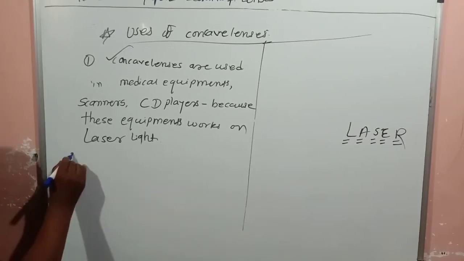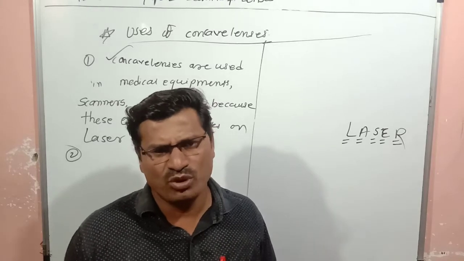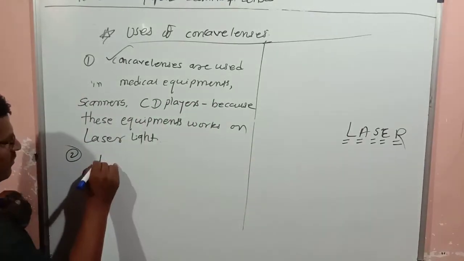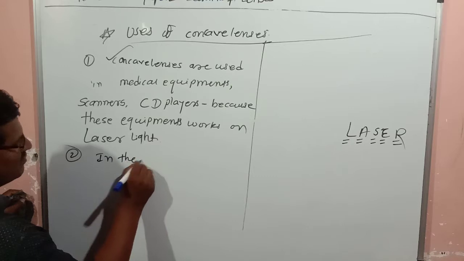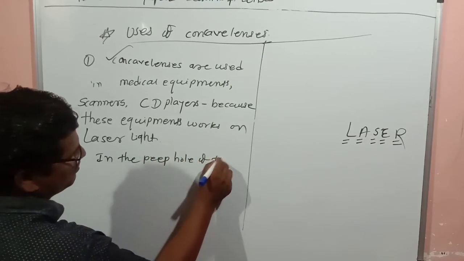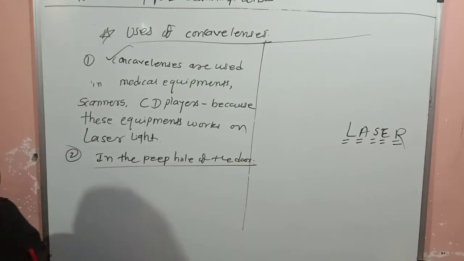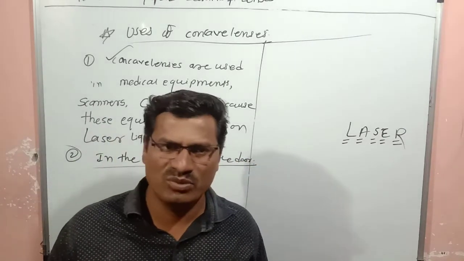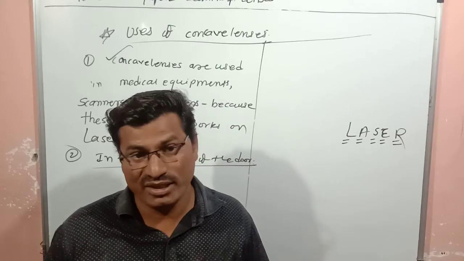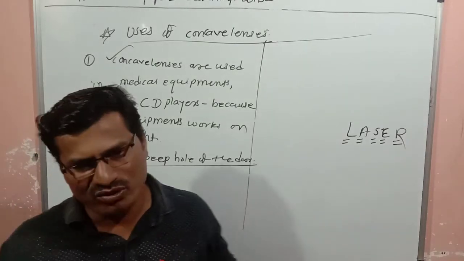Okay. Second one: in the peephole of the door. A concave lens is used in the peephole of the door as a safety device, and it helps to look at a larger area outside the house.